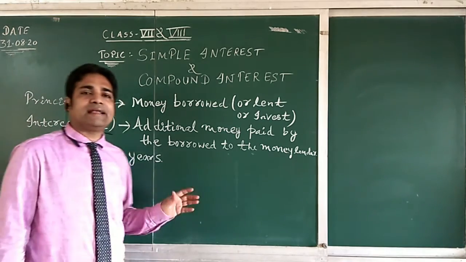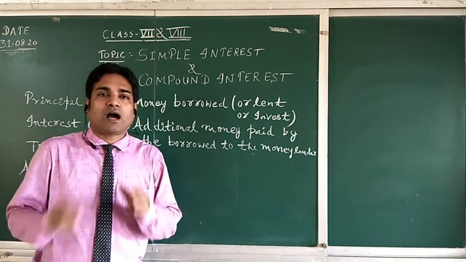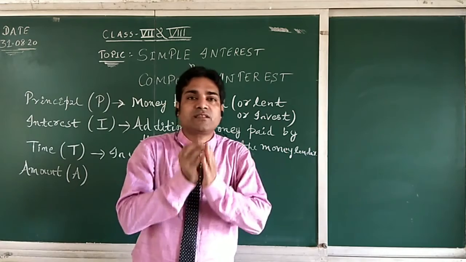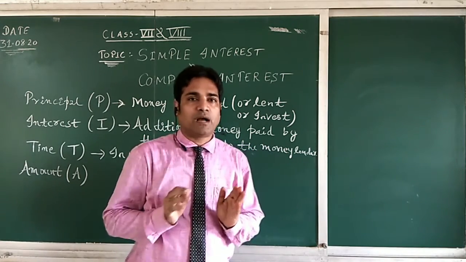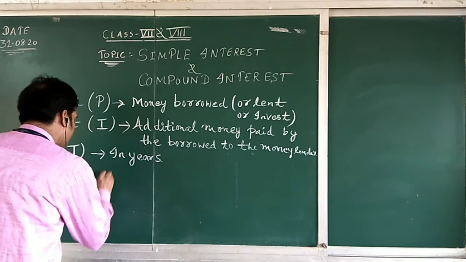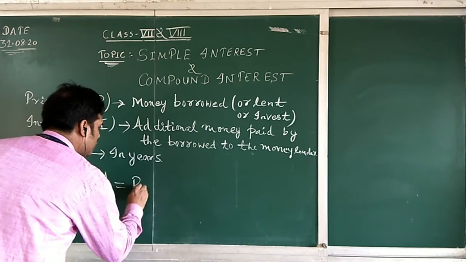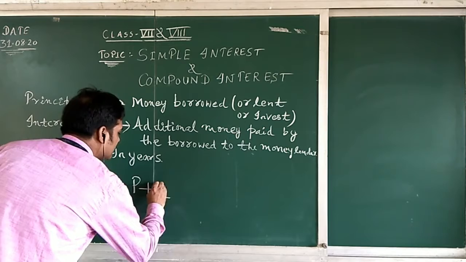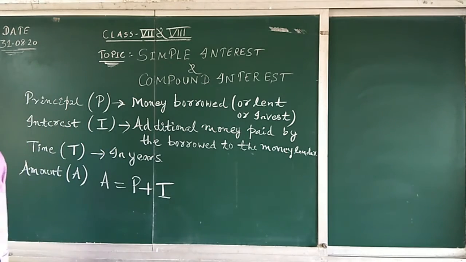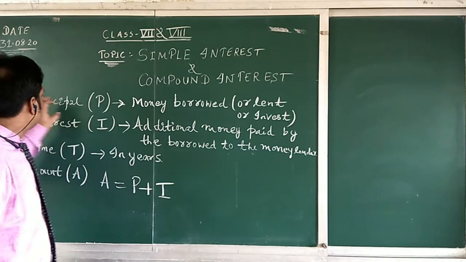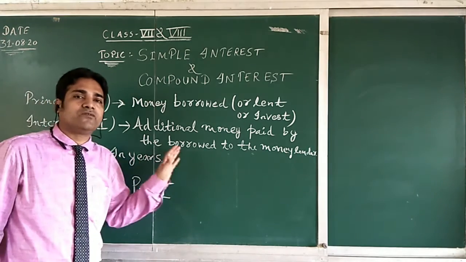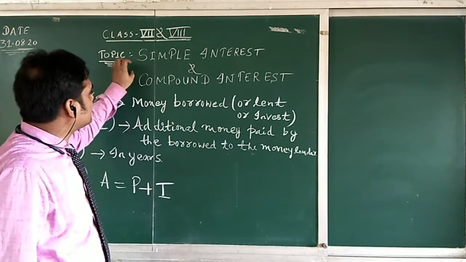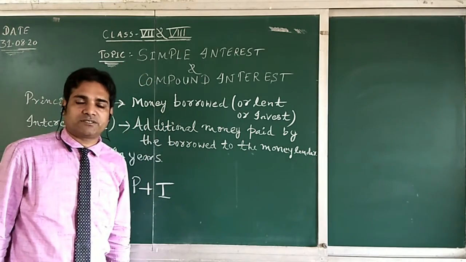It is denoted by capital A. Amount is the sum of your principal and your interest. So principal, interest, time and amount are the terms involved when we are discussing simple interest and compound interest.